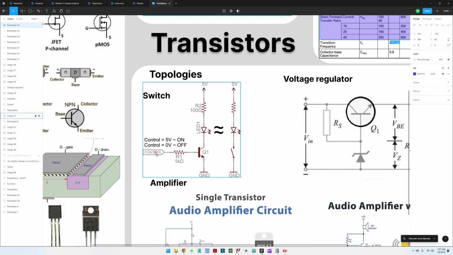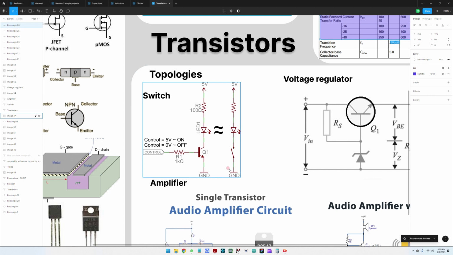Here we have a transistor and an LED, the most basic electronic circuit. You put 5 volts here, which means the transistor turns on through this 1 kilo ohm resistor, and this means that the LED will light. When here you have 0, this means that this transistor would have no voltage between the base and the emitter, and this would then turn off the LED.